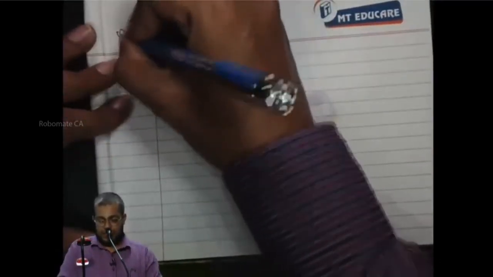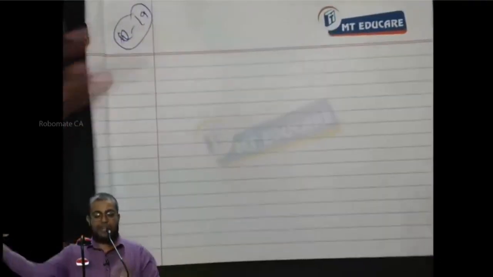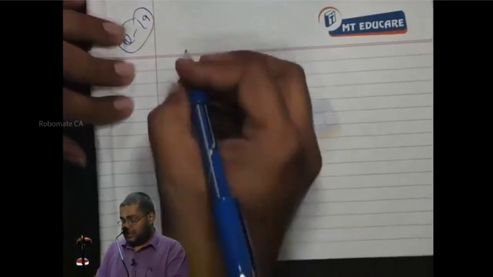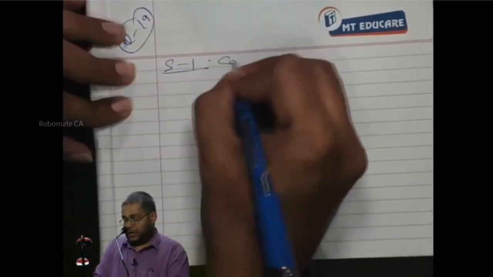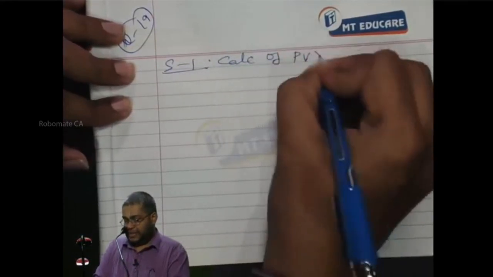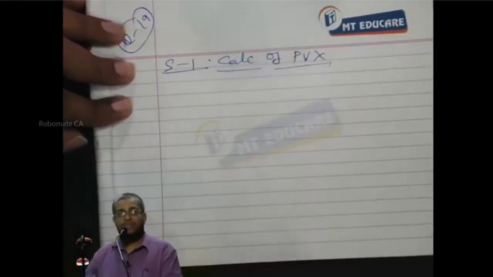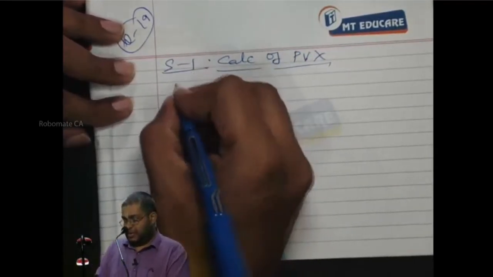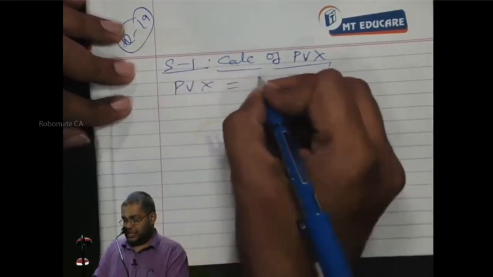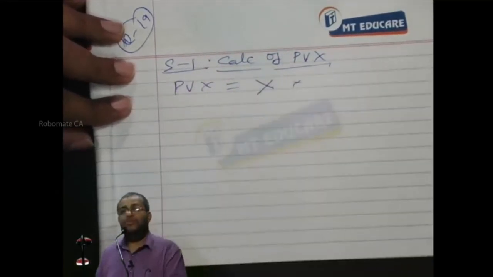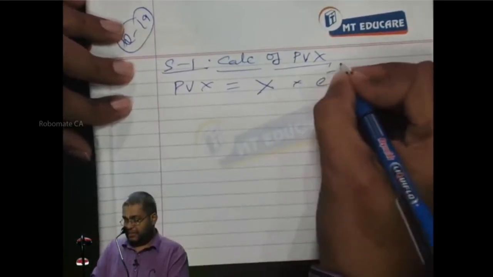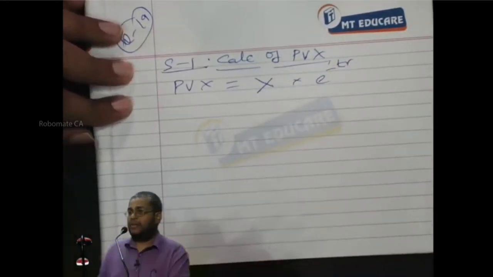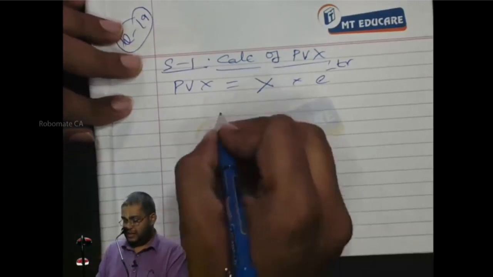Present value of strike price is equal to strike price into e power minus RT.